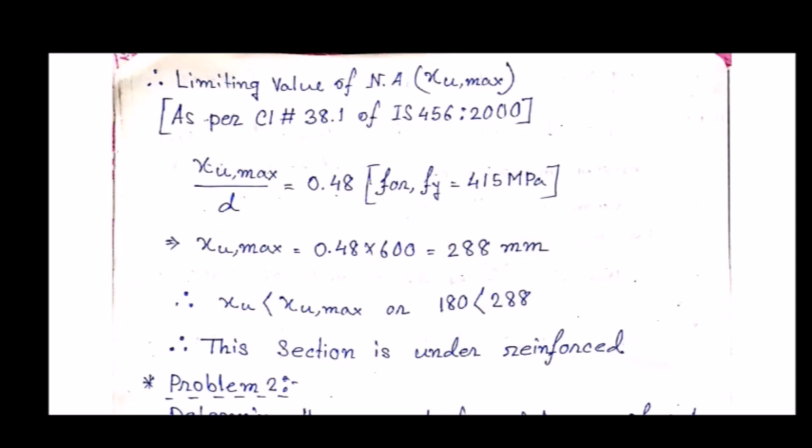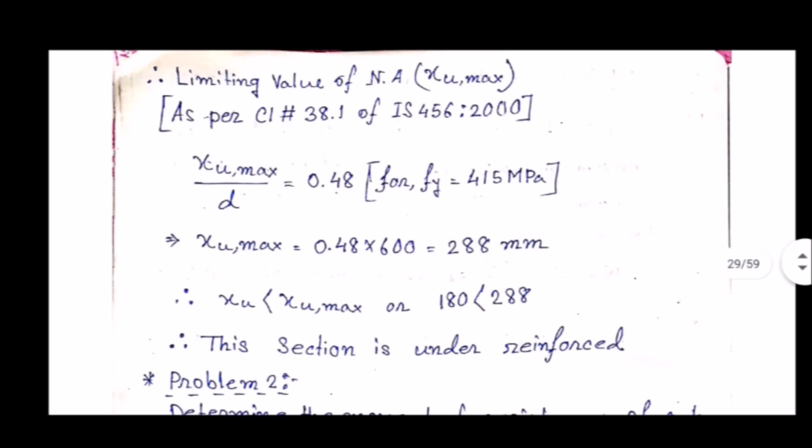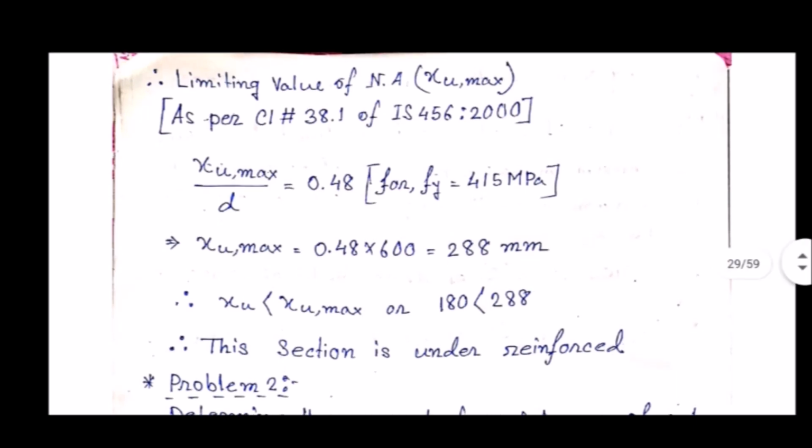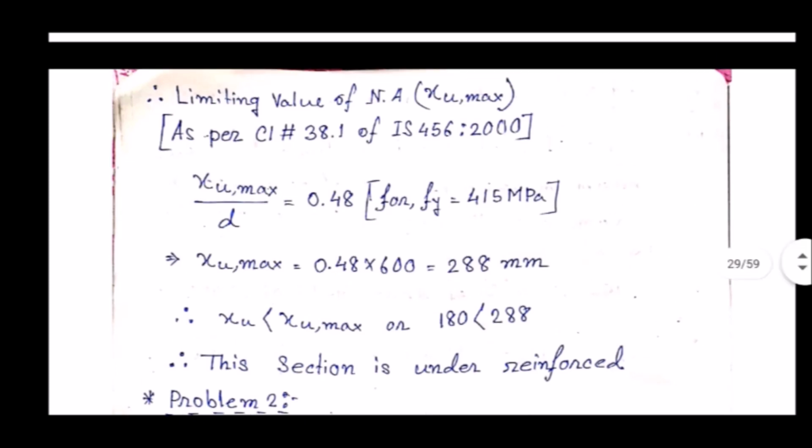I have described the table in the previous video. The link is given below in the description box. You may find that xu max by d is equal to 0.48 for Fe415 grade steel as per the table. Now xu max is equal to 0.48 into 600, that is equal to 288 mm.